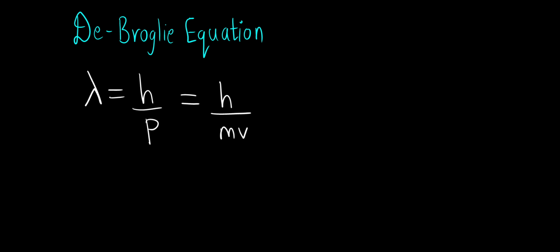So what is the de Broglie equation? It is lambda is equal to h by p, where h is the Planck's constant and p is the linear momentum. We also know that the linear momentum is p equal to mass into velocity, mv. Now we have to derive an expression for p in terms of kinetic energy. Kinetic energy K is half mv square.